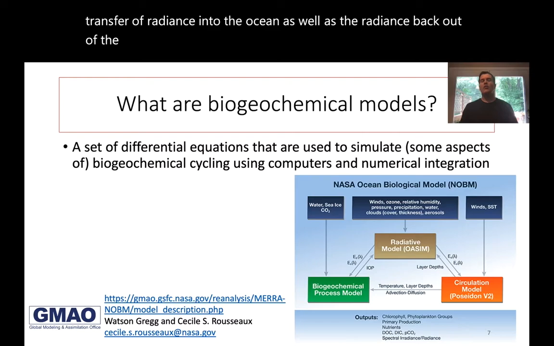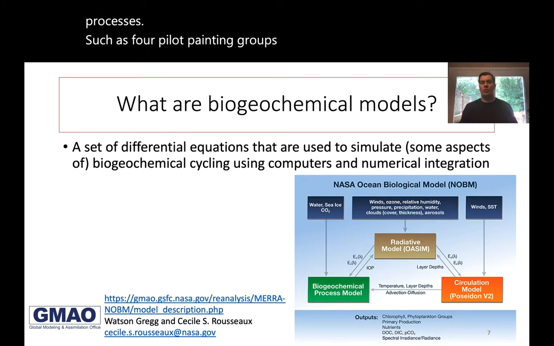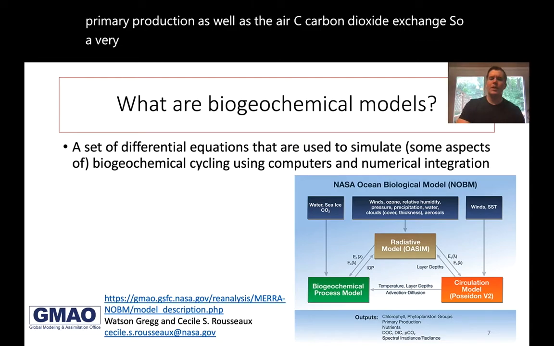It includes many sophisticated biogeochemical processes, such as 4 phytoplankton groups, multiple nutrient limitations, primary production, as well as air-sea carbon dioxide exchange.